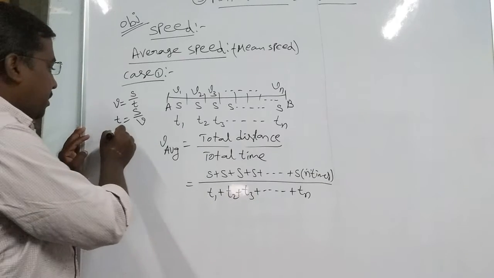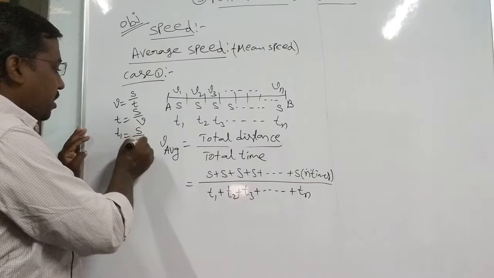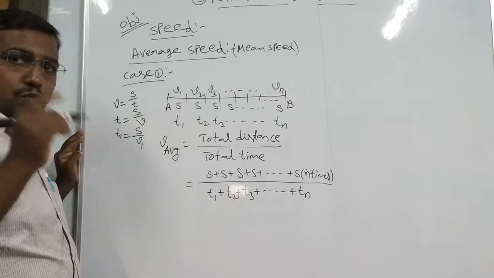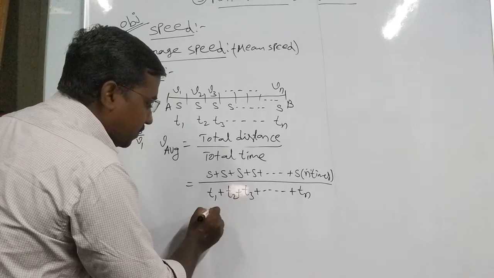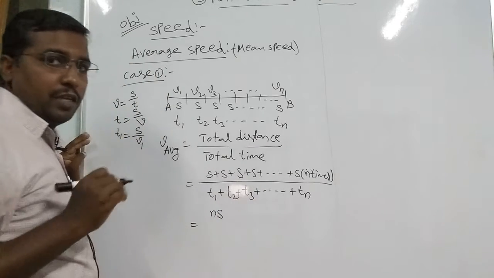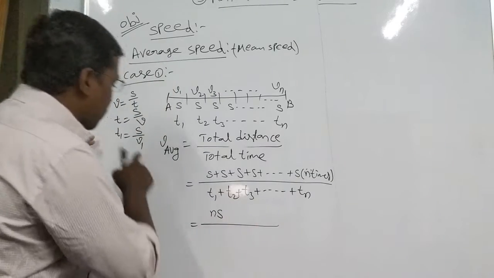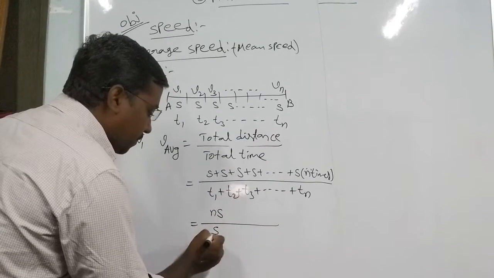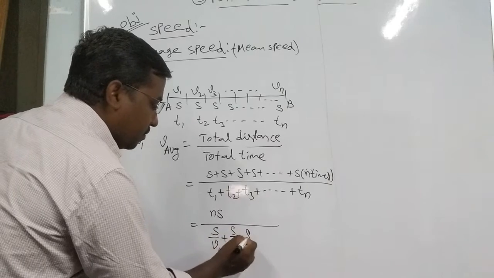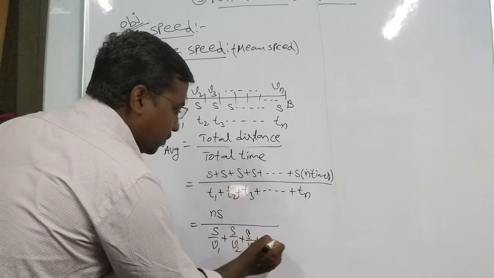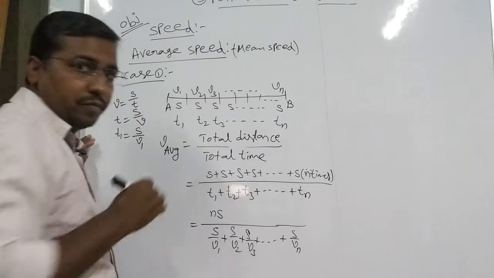So t1 equals distance s by v1. So in the numerator, total distance is n into s, n times s, and total time is s by v1 plus s by v2 plus s by v3 plus and so on plus s by vn.